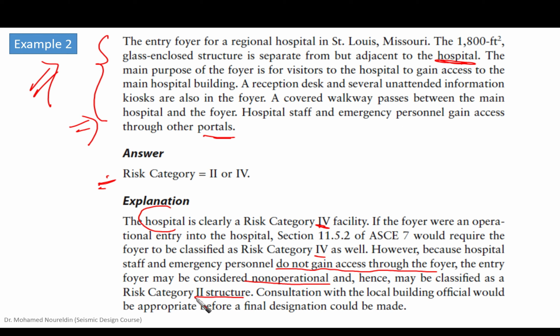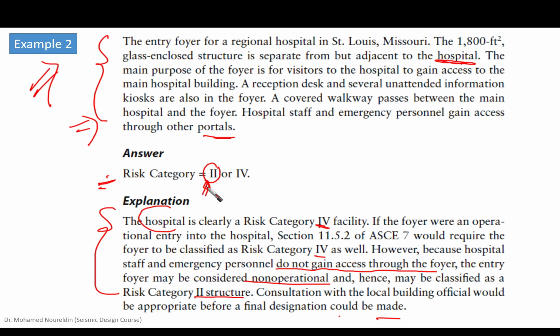Why is it risk category 2? Because it is not 1, not 3, not 4. Consultation with the local building officials would be appropriate before a final designation could be made. But if I am a designer and it is near a hospital, then in this case we can say risk category 2 is okay for us.